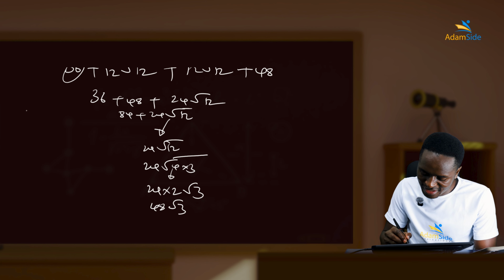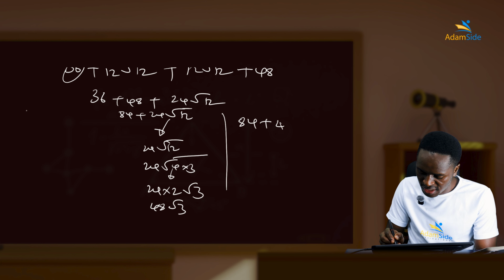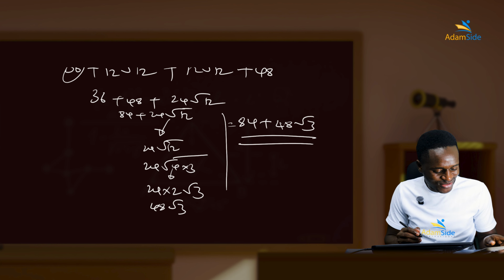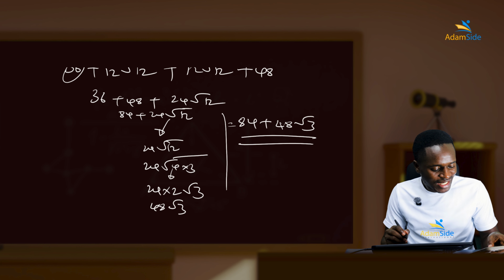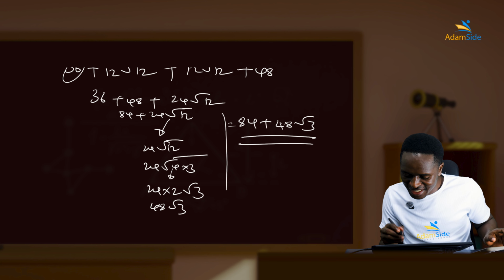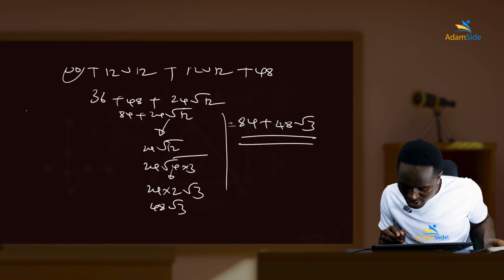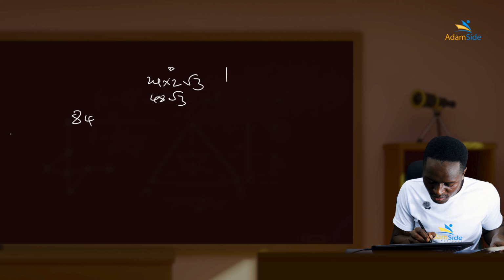Now our answer will be 84 plus 48 root 3. Now, they said we should show it as 12 into 7 plus 4 root 3. So 84 and 48, what's common?